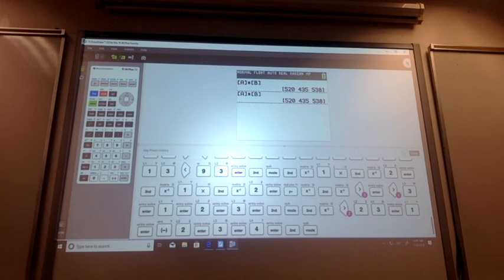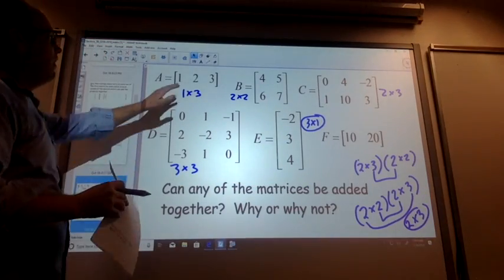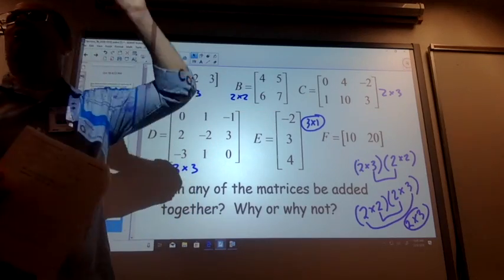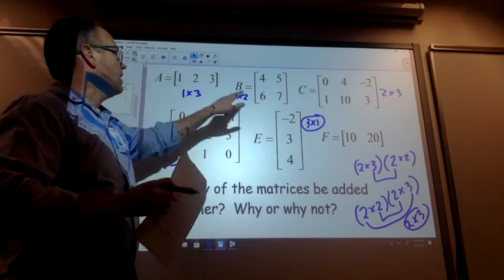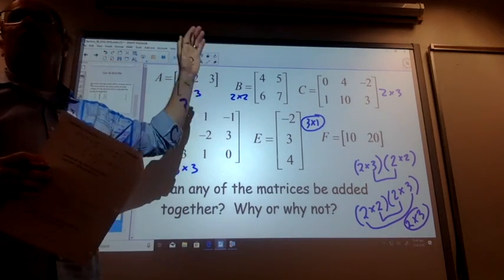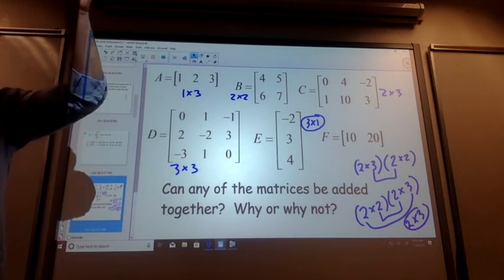So we used matrix C, A, and B. And we just saw from our notes, if I multiply A times E, inside dimensions match, which means I get a 1 by 1, which is a number. If I multiply E times A, inside dimensions match, and my answer is a 3 by 3. Two very different answers. Yes?